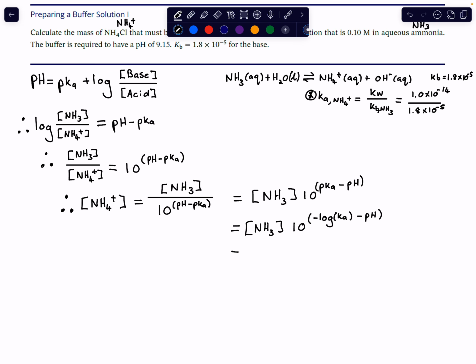Alright, so now we're in the position to plug in some numbers. Our concentration of ammonia is 0.10, and this must be multiplied with 10 raised to the power negative log of Ka, and Ka is like we have calculated there, so that's 1.0 times 10 to the negative 14 divided by 1.8 times 10 to the negative 5, minus the pH, which is given as 9.15.